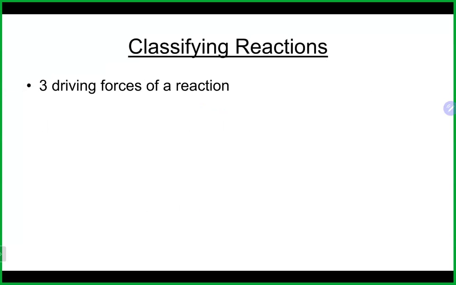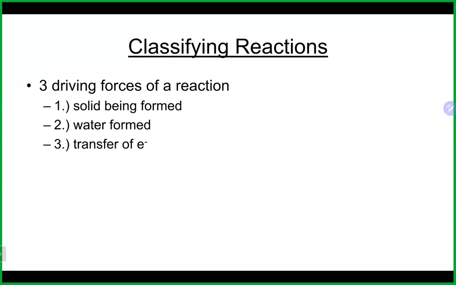So let's talk about classifying reactions more specifically. So we have these 2 sort of big classifications of redox and double displacement reactions. The 3 driving forces, as I mentioned before, a solid being formed and water being formed, those fall under the double displacement reactions, and electrons being transferred again fall under sort of the redox category of reactions.